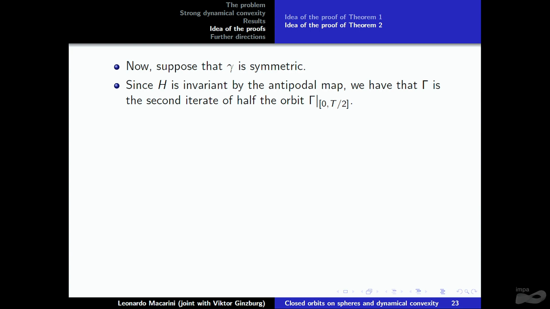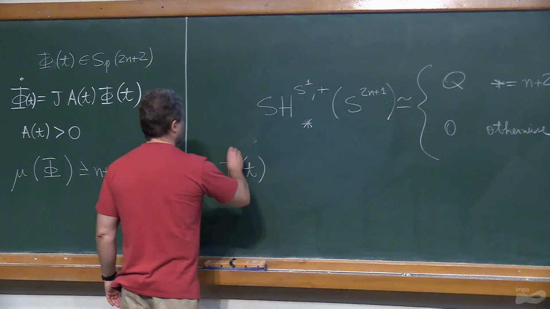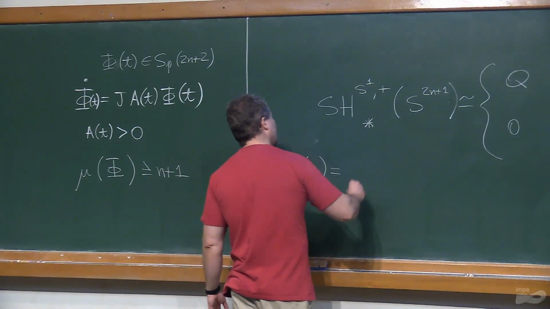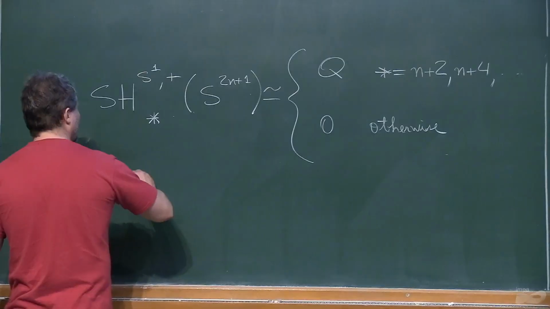I'm using strongly here that H is invariant by the antipodal map, because the linearized Hamiltonian flow satisfies the following equation.